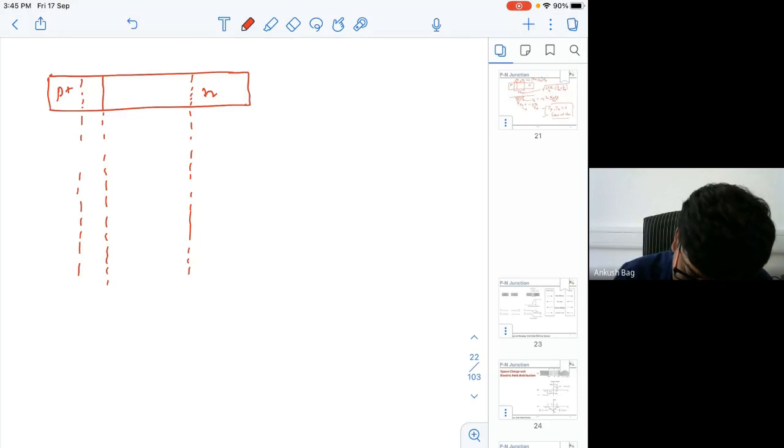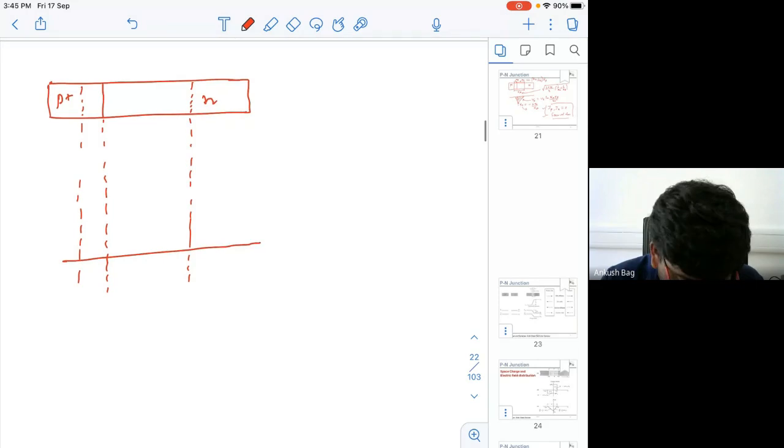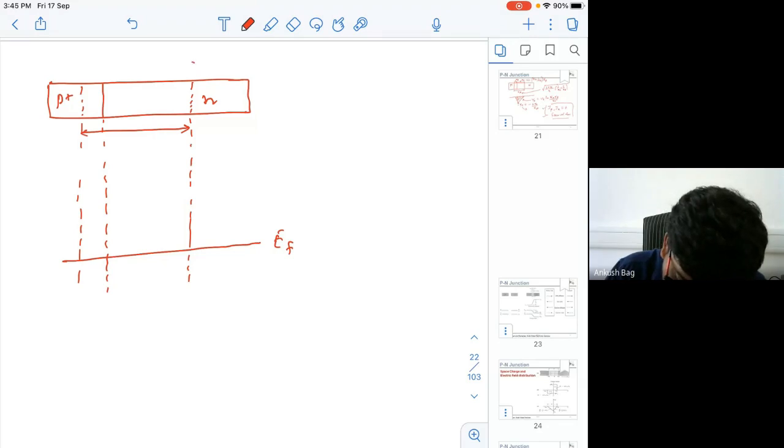So the first thing which will be continuous under equilibrium is the Fermi level. So then this is EF. Then this is the space charge region. We know these are the neutral regions.